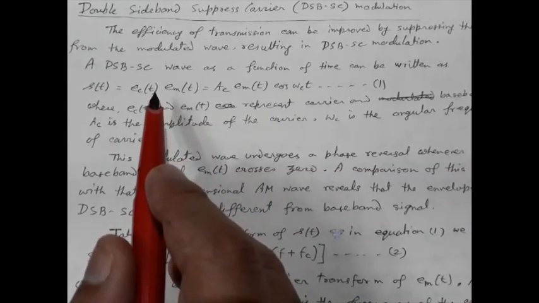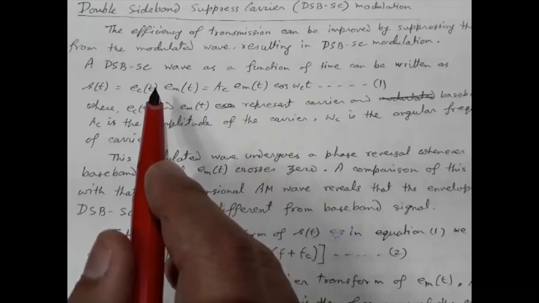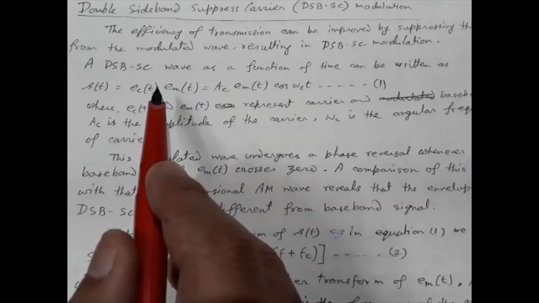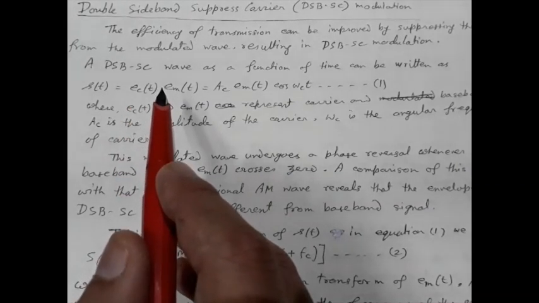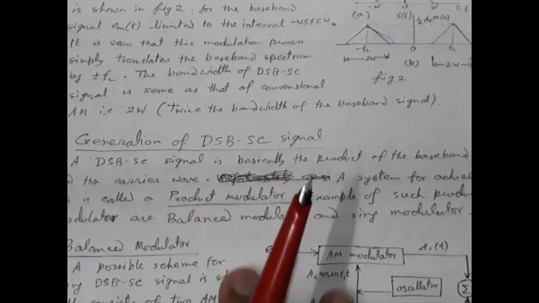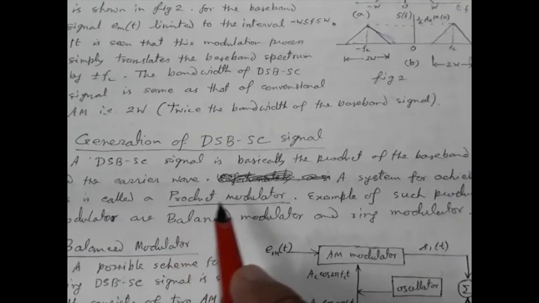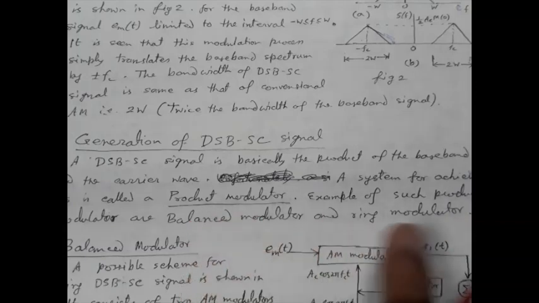That means if we have a system that will produce the multiplication of two input signals, that will be treated as a DSB-SC modulator. That is why this type of modulator is called a product modulator.